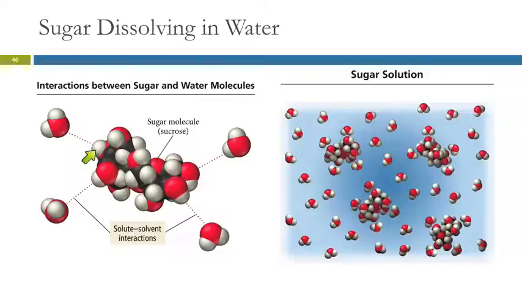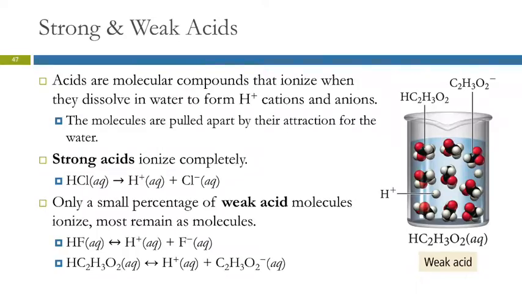And so here's a hydrogen that is having its electrons sucked away from it by an oxygen. So it has a partial positive charge. It's going to be attracted to the partial negative charge on a water molecule. And so sugar will dissolve because it has these partial charges on it as well that can interact with the solvent. But it doesn't form ions. And so it will not conduct electricity because there are no ions to carry the charge.